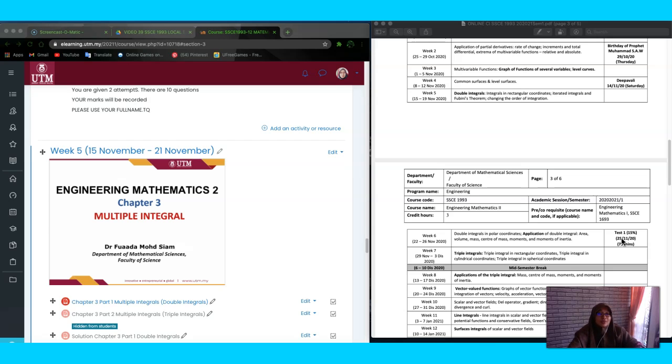I hope for those who are outside Malaysia the time is okay for you. As far as I am concerned, for Indonesia we just have 1 hour difference, right? If we start at 8, then in your country it should be 7.